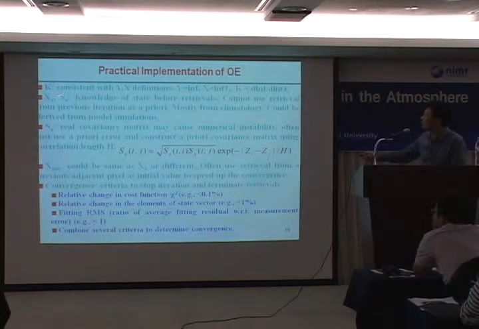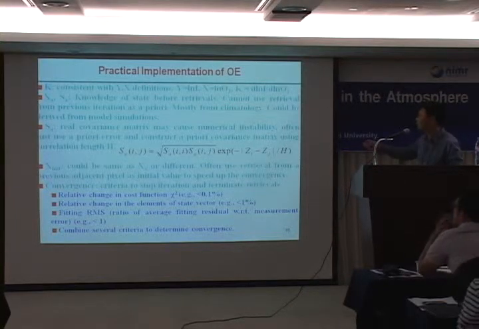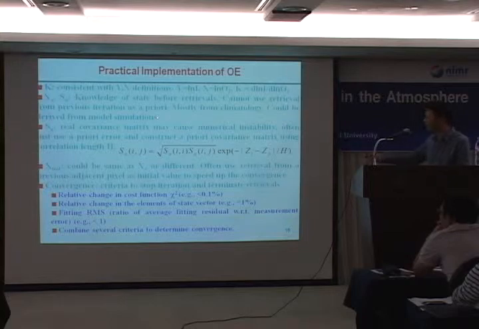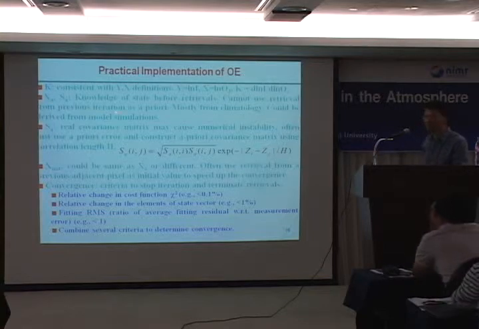For the a priori, that's the best knowledge of the state before retrieval. According to Rodgers, we cannot use a retrieval from a previous iteration as the a priori. We cannot do that, because then that's not optimal estimation. It's mostly derived from climatology, but could also be derived from model simulations.